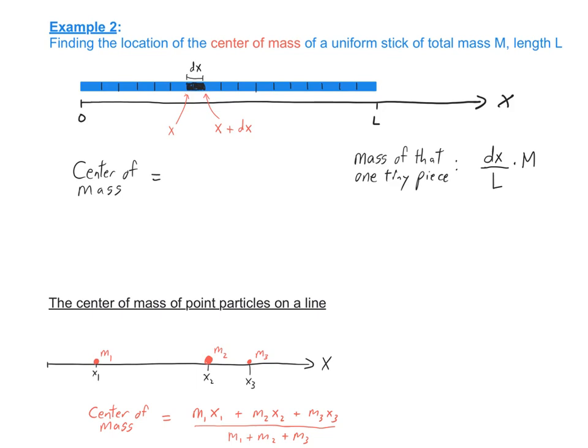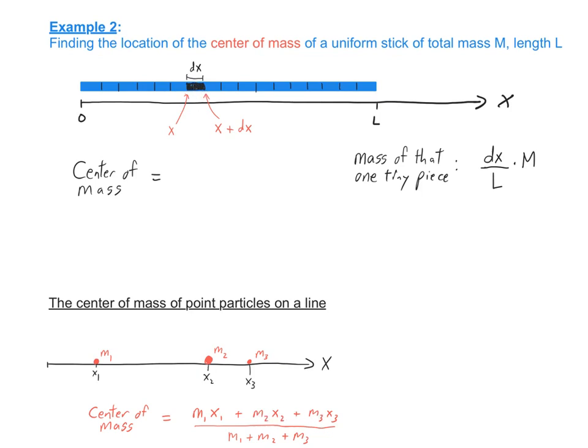And so now I'm in a position to find the center of mass of the stick as a whole, because I'm going to view each little piece of the stick as just a particle. And so let's figure out how to find the center of mass. When we have a bunch of individual particles, this is what we do. We take the mass of each little particle times its position, and we add them all up. So let me focus on this particle.